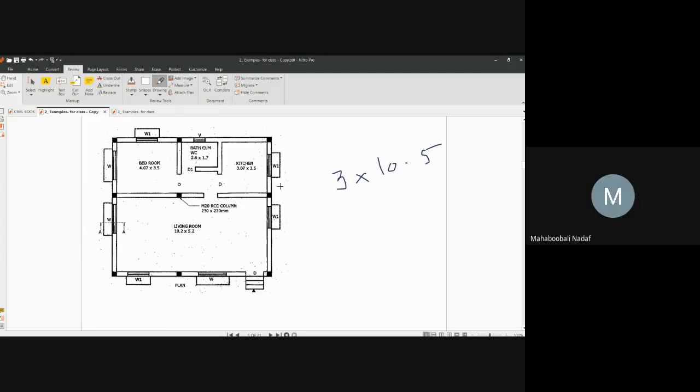Okay, 3 into 10.5. Now, what is this? 4.07 plus 0.23 by 2 plus 0.23 plus 5.2 plus 0.3 by 2. This vertical distance. Everyone is following the things?